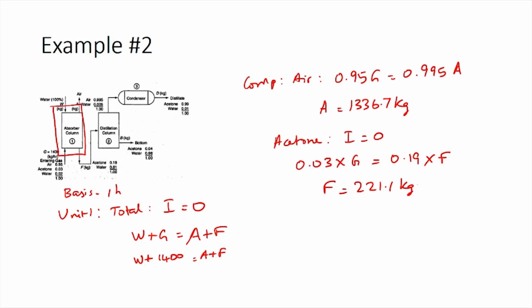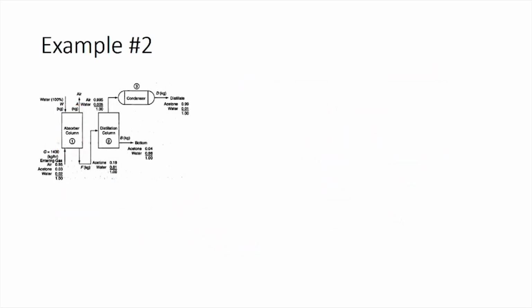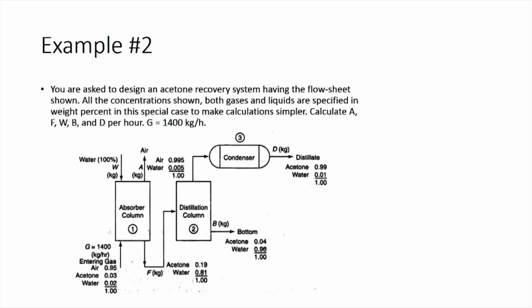Substituting the values for A and F in equation 1, which is the total balance, we can calculate W as 157.8 kilograms.